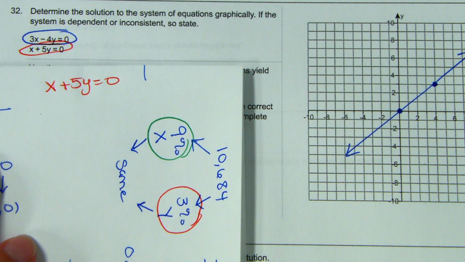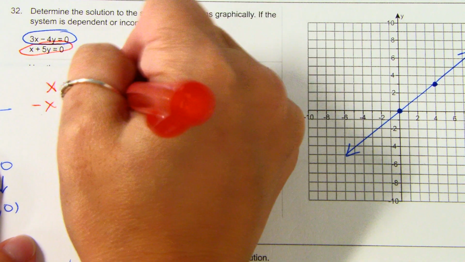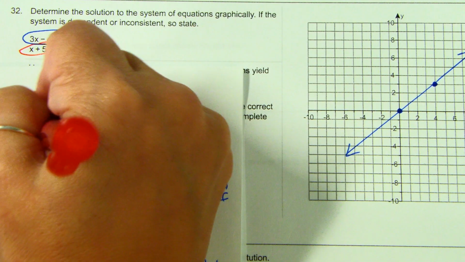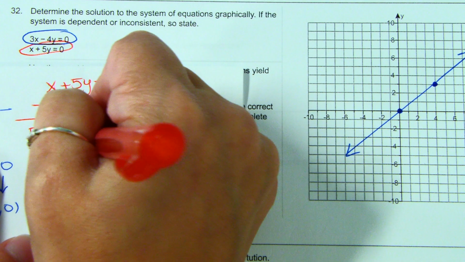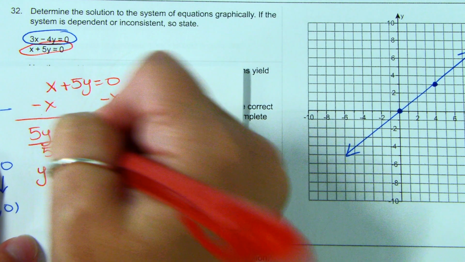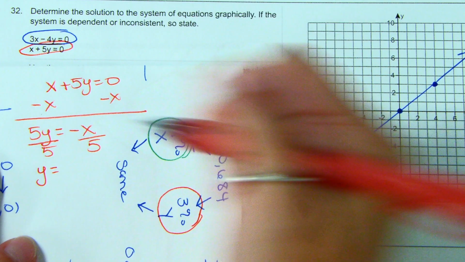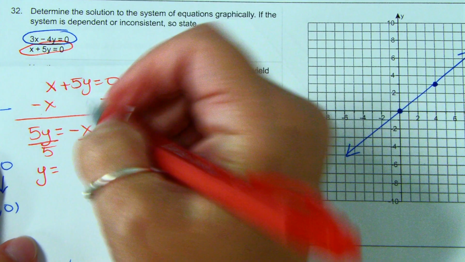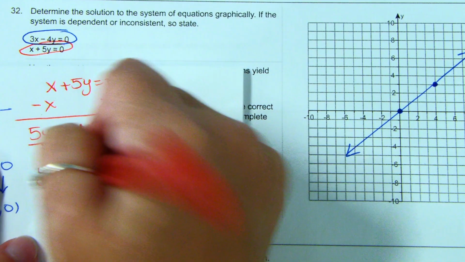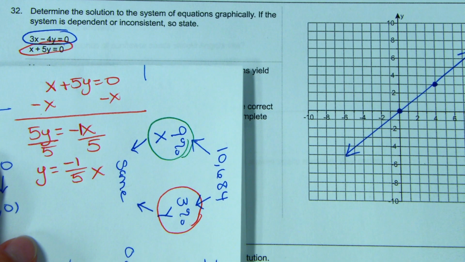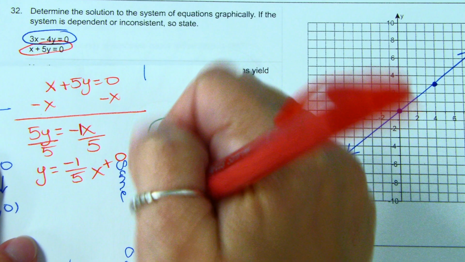Divide by 5, divide by 5, and I get y equals, remember, even though we don't write it, if there's a negative in front of our x, it's like we have a negative 1. So it would be a negative 1/5 x. And there's no plus or minus again, so you can do the plus 0. I apologize that it's running into my work from an earlier problem. But this tells me my slope is a negative 1/5 and that my y-intercept is 0, 0.